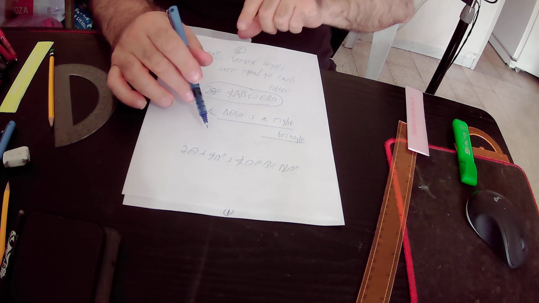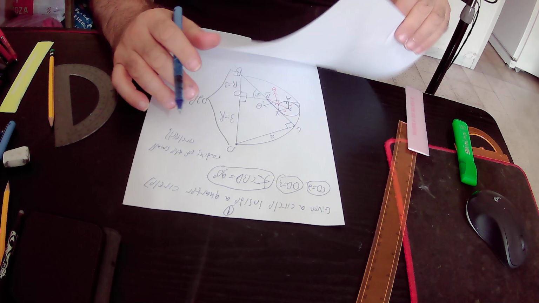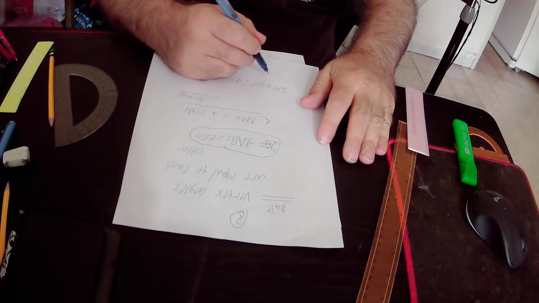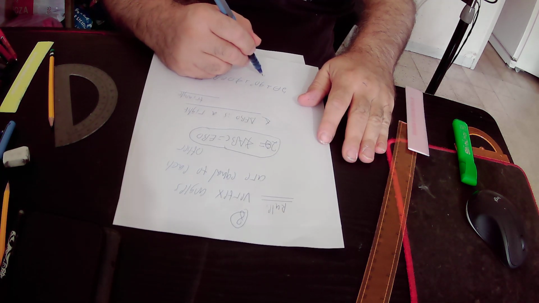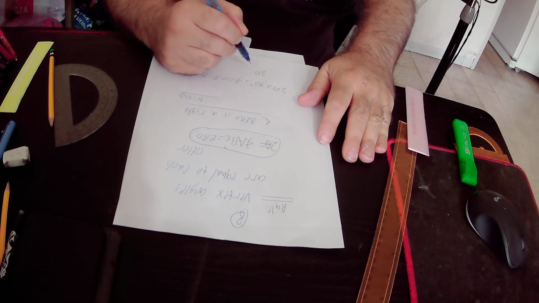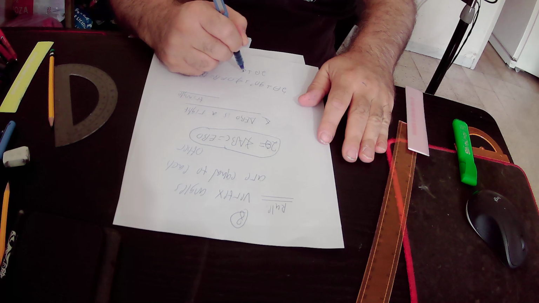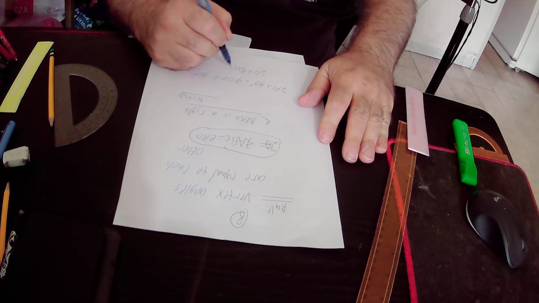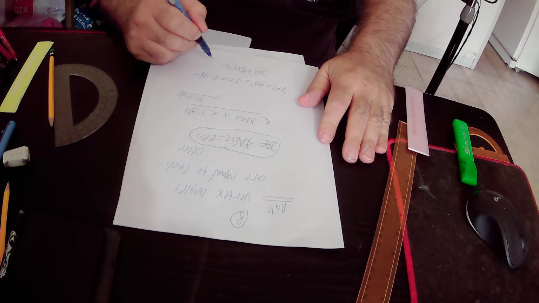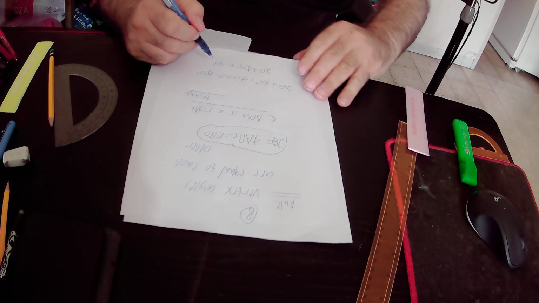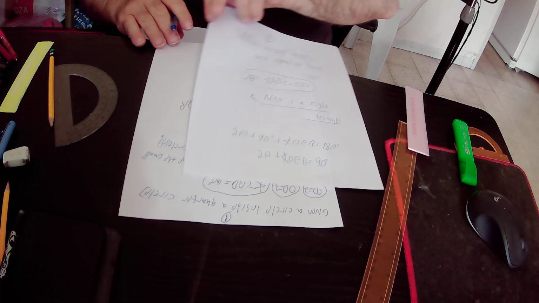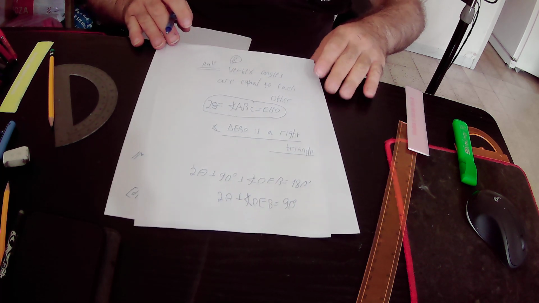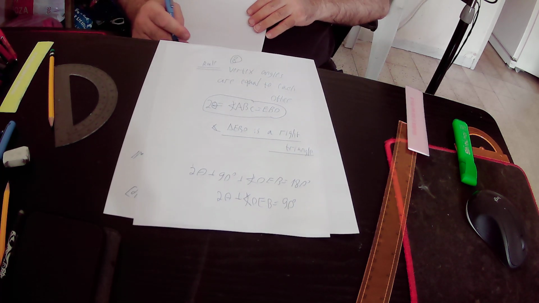We will subtract 90 degrees from this equality and we will get that 2 theta plus angle OEB equals 180 degrees minus 90 degrees, which is 90 degrees.